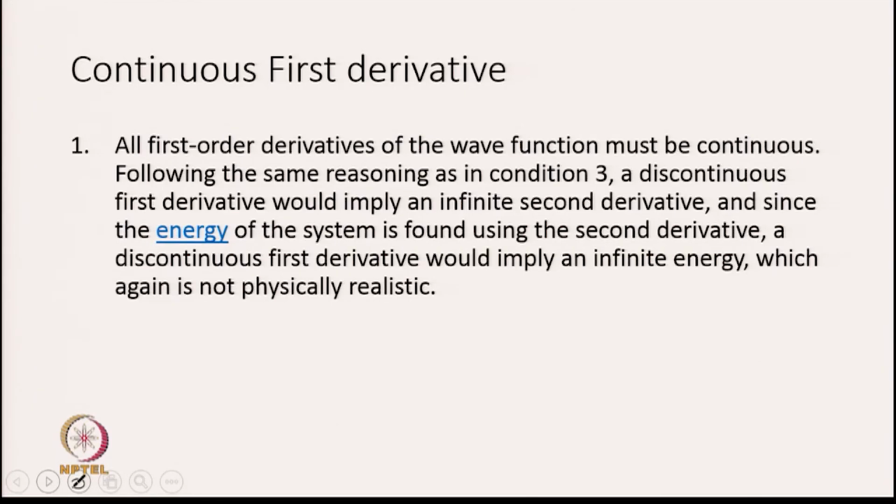Following the same reasoning as in the last criterion, a discontinuous first derivative would imply an infinite second derivative, and generally the energy of the system is calculated using the second derivative. So, a discontinuous first derivative will mean infinite energy, again which is not physically realistic.